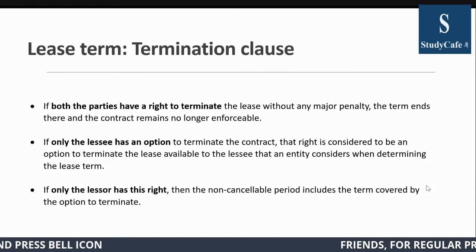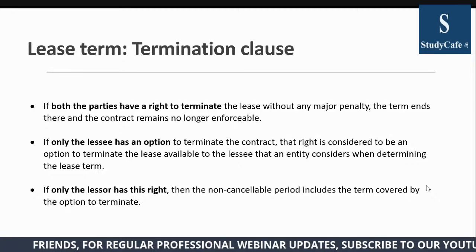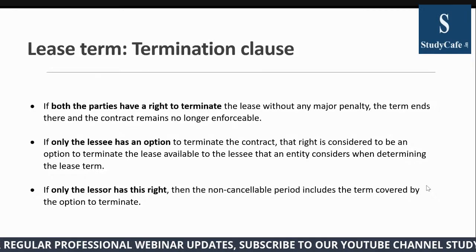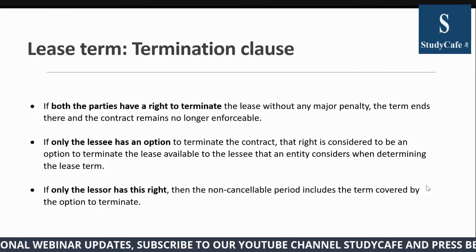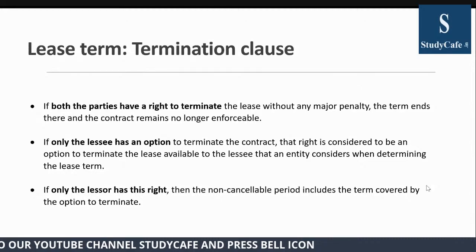So only till that date, when the rights become exercisable, the term will be considered in the lease term, right? Because that is the term during which none of the party can terminate, or if they want to terminate, there will be a huge penalty attached, right?